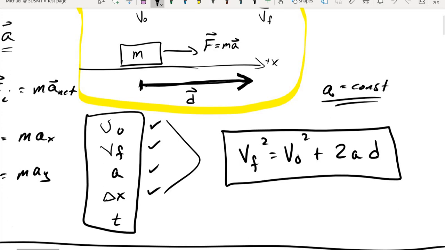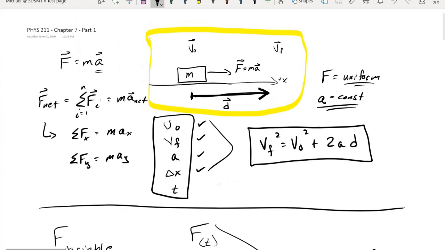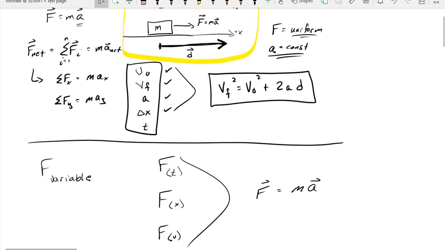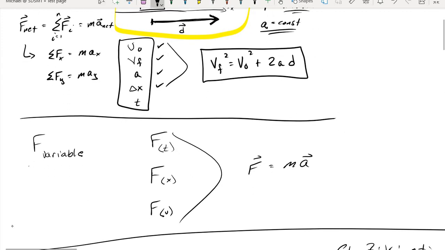And this was okay, especially considering things like gravity, which is basically constant here at the surface of the Earth, but also as long as we had any kind of force that was constant, or uniform. Well, we don't always have to have uniform forces. We can have forces that are variable. And these are forces that are going to change with respect to some other variable in the system.